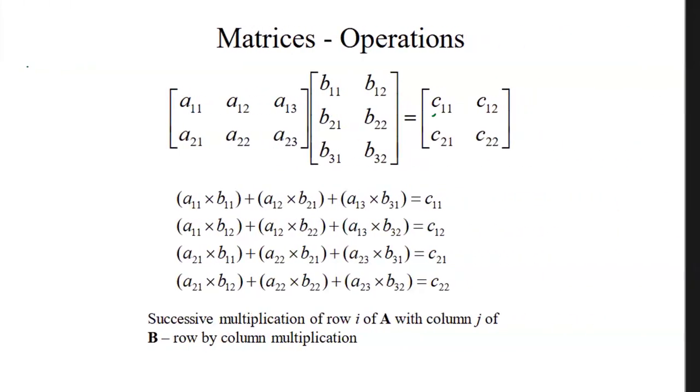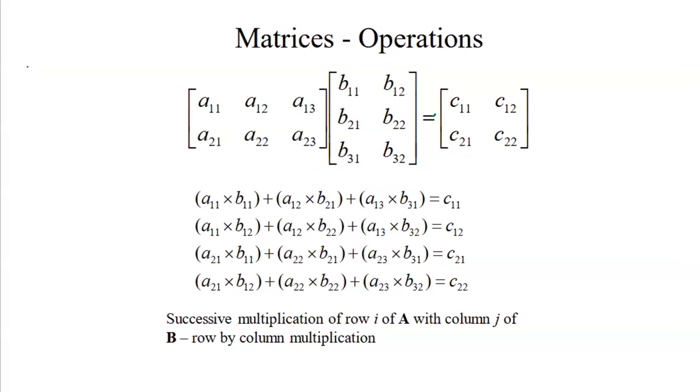Here. So next, you take the second row by the first column. That will give you this number. Right? That's what they're showing you here. And lastly, you're taking this second row by the second column. That will give you this one. Right? And that's what we're showing you here.